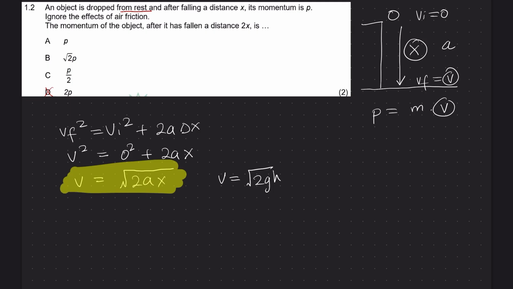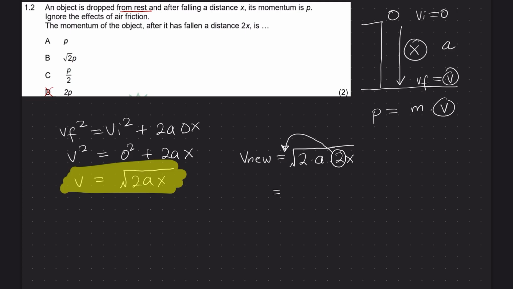Okay, now let's look at what happens if we double the distance. So our new velocity, v new, is going to be the square root of 2 times the acceleration, but now times 2x. Because this is all under a surd, we can take this 2 out in front.